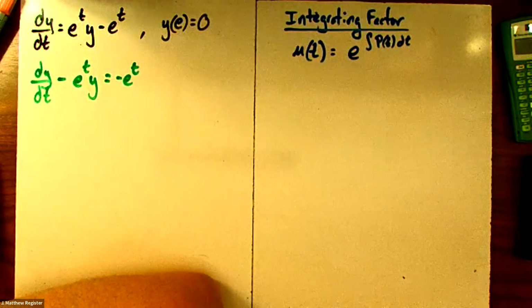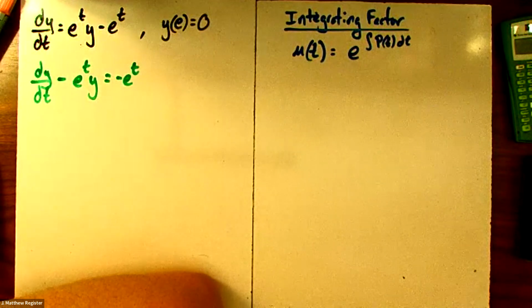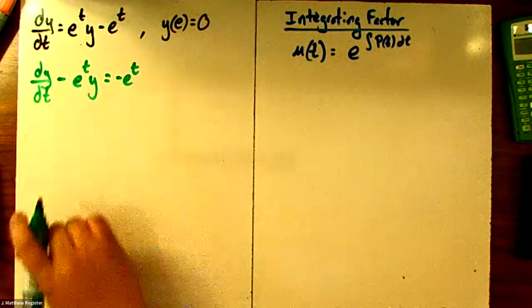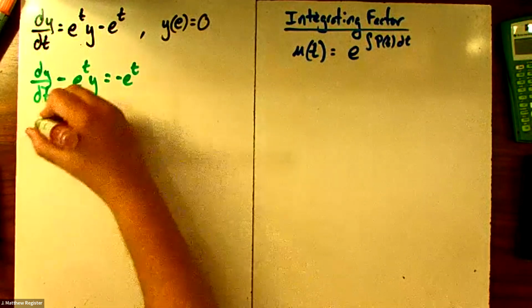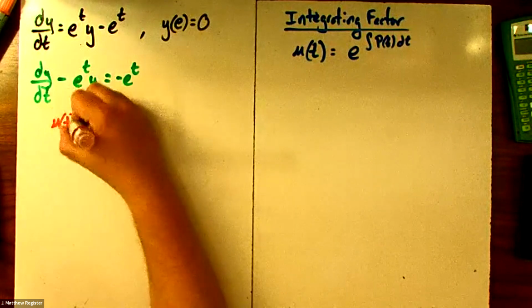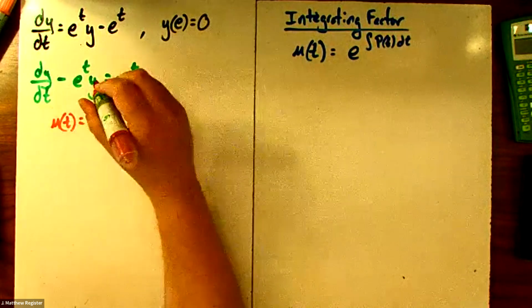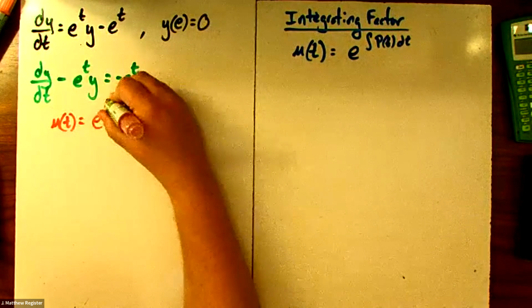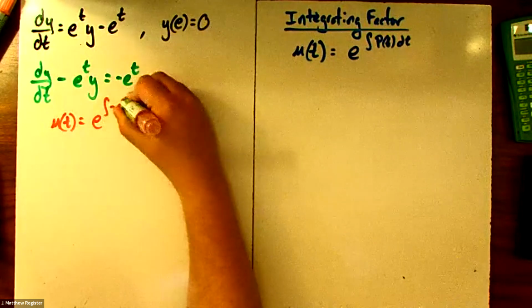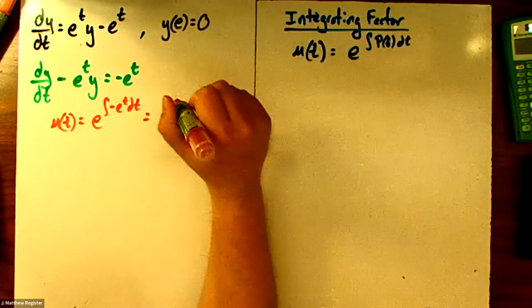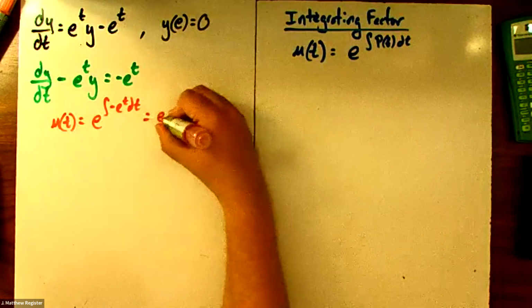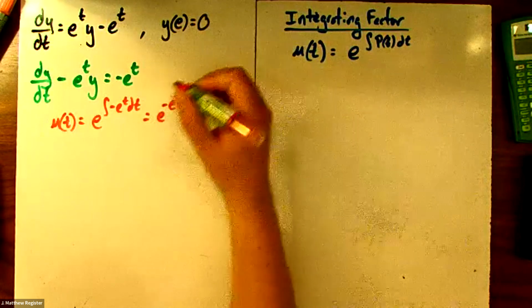Now, you might already notice that something weird is going to happen, but let's see what happens. When we find our integrating factor mu, well, mu of t is going to be equal to e to the integral of negative e to the t, which is just going to be e to the negative e to the t.